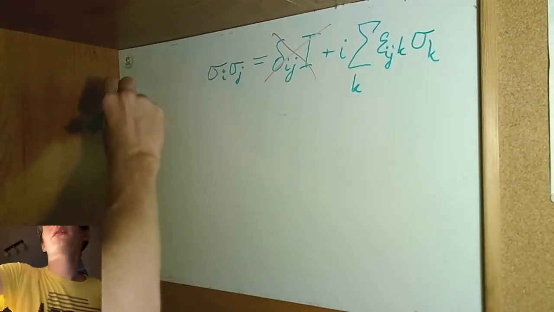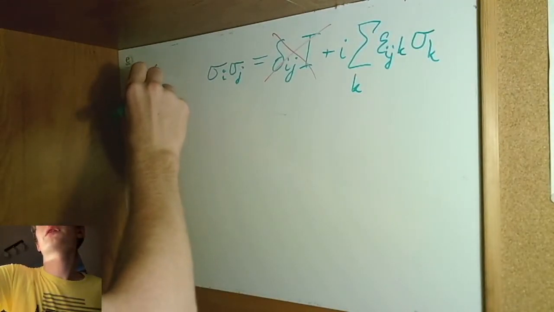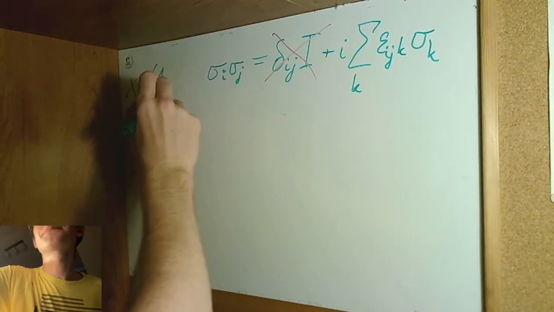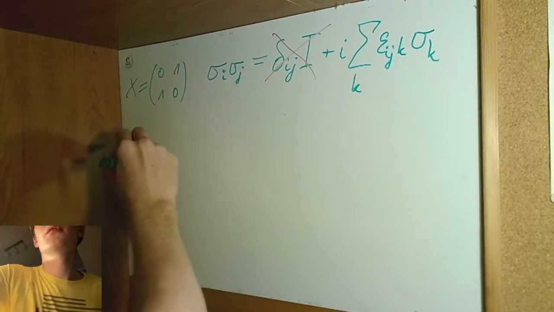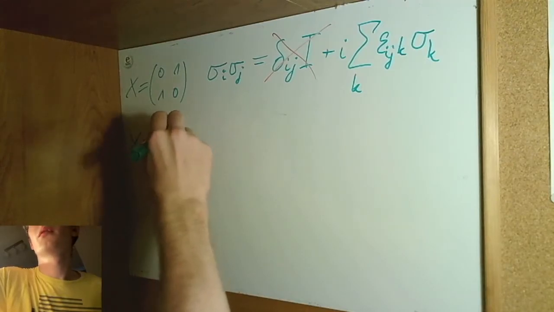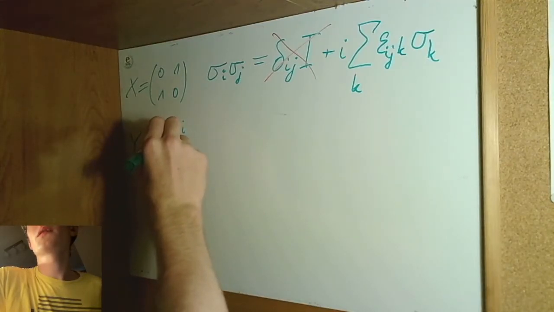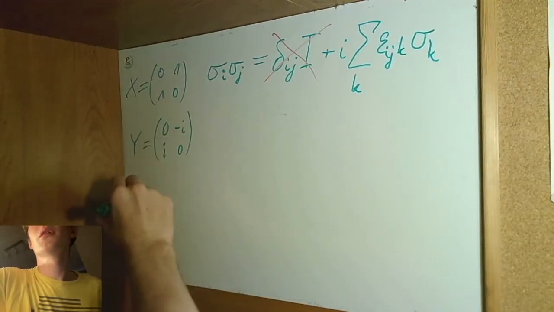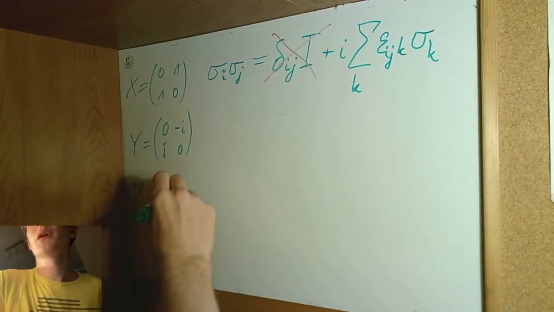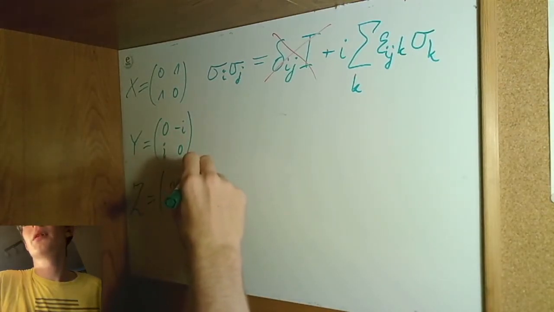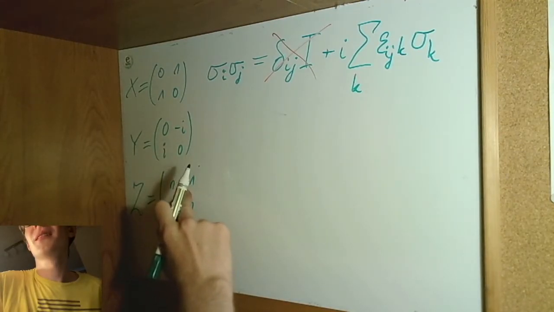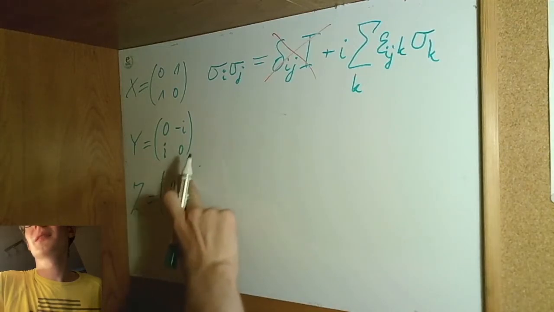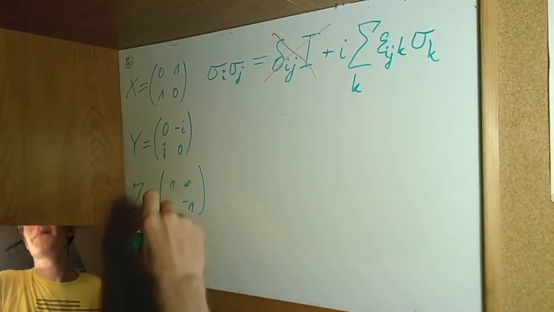Now I'm going to also write down these Pauli matrices. It's -i here, right? I'm going to check it, but I think it's correct. Wait. No, it's not this way. It's this way. Yes.